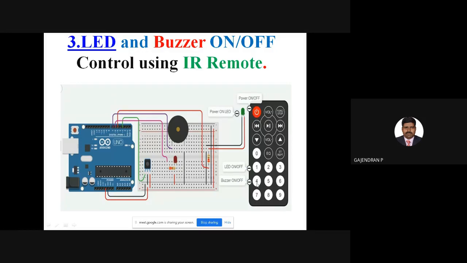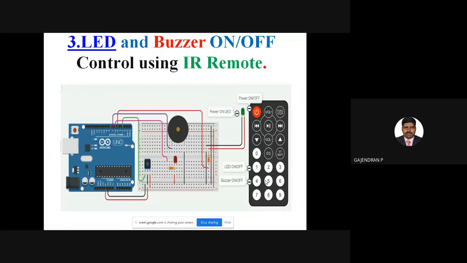Why am I using 3 buttons? This power on button is the master control. Whenever I turn on this power on button, only then will my system start to recognize these inputs. Even if you compare with your TV remote or set-top box remote, whenever you turn on the power on button, only then can you change the channel or increase the volume.